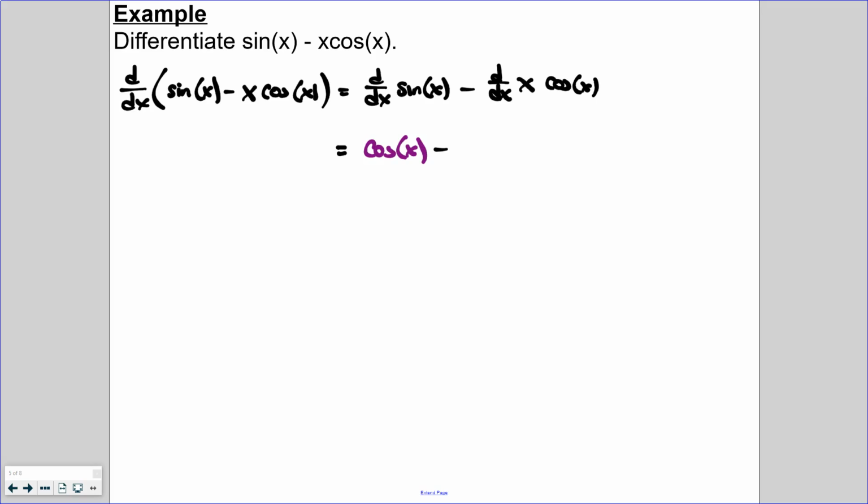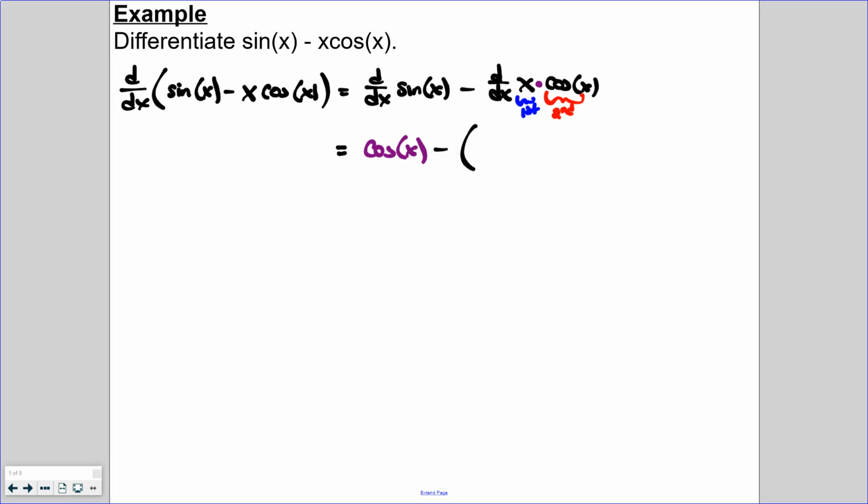And then minus. And then here, we have to be a little bit careful because we have x times cosine of x, which means we're going to have to use the product rule. So I'll choose x to be my first function, and I'll choose cosine of x to be the second function. And now I'm going to put the product rule in parentheses because we're going to have to remember that this minus sign needs to get distributed to every term, not just the first term.